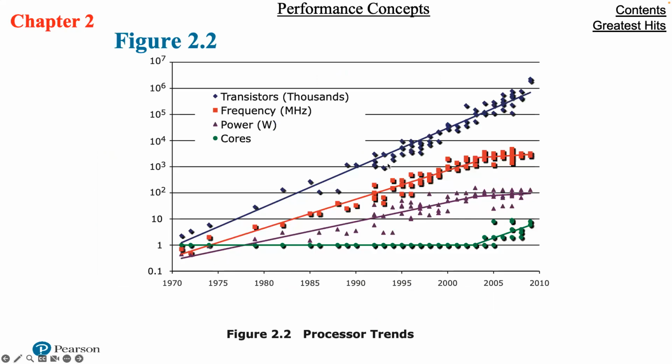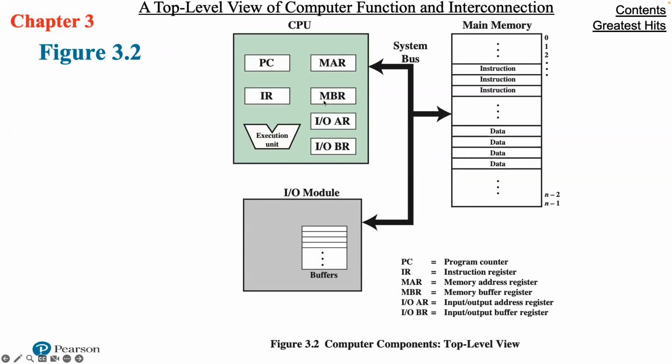Some things still scale linearly, some things have flattened out. We talked about the main elements, getting in a little bit more detail, that you have registers in the CPU. Something more important for us to consider is the arithmetic logic unit within the CPU, and various ways the memory can be viewed.